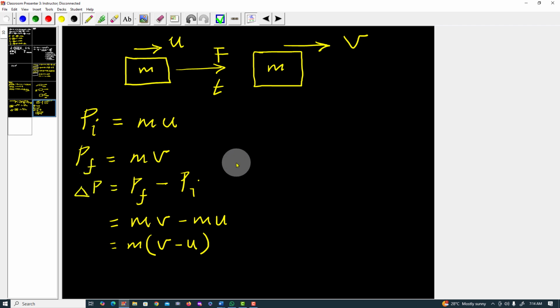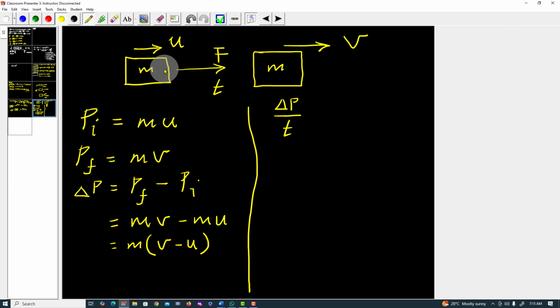We are not going to stop at that point. We are going to find the rate of change of momentum, which is change in momentum divided by time. In other words, the change in momentum per unit time.